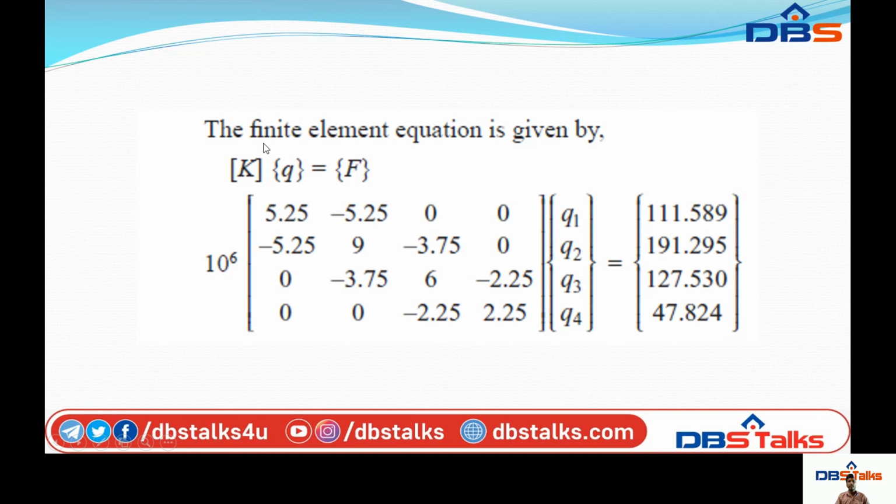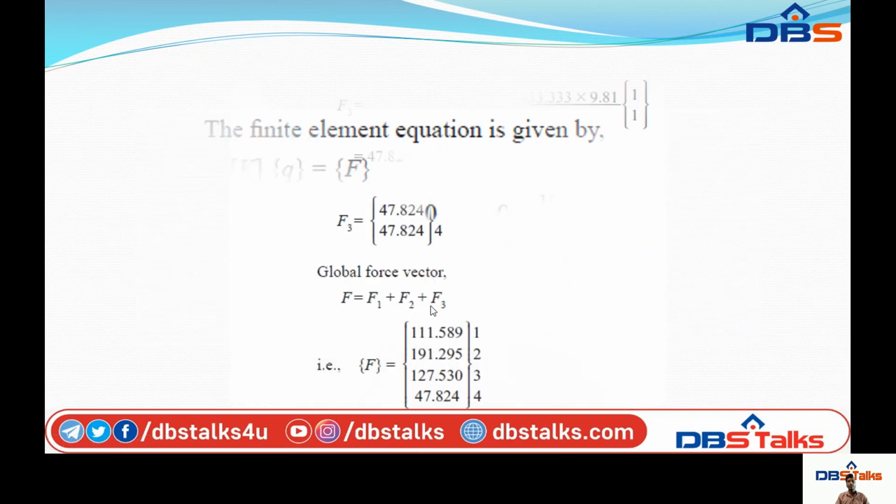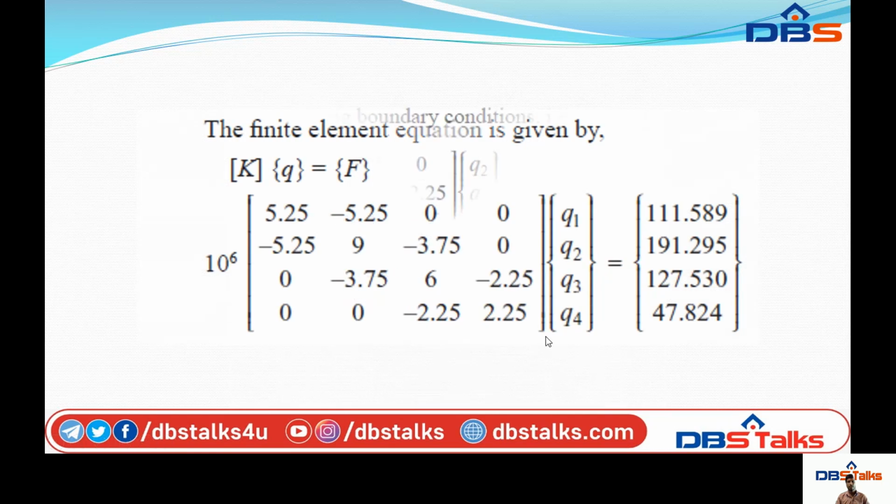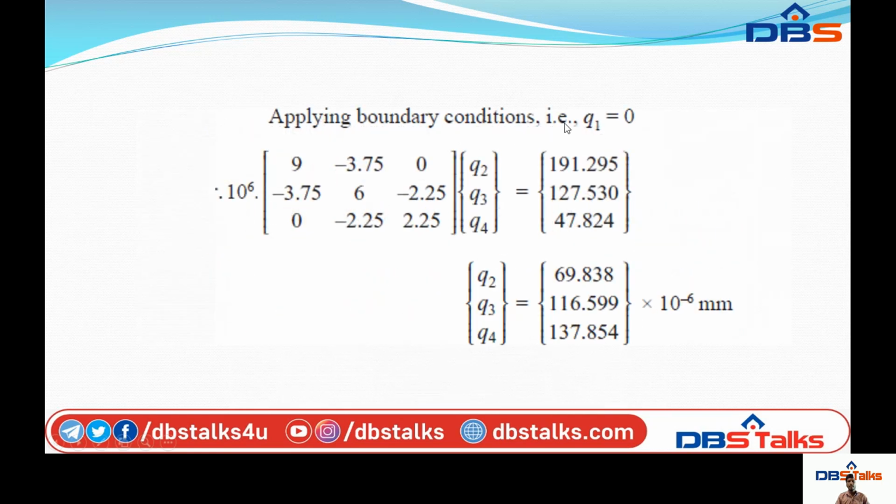Then we already know the generalized equation for the FE equation, that is KQ equal to F. K is the global stiffness matrix, Q is the unknown nodal displacements, the global displacement vector Q1, Q2, Q3, Q4. The force vector obtained here is 111.589, 191.295, 127.530, 47.824. Then apply the boundary condition, that is Q1 equal to 0. Why?